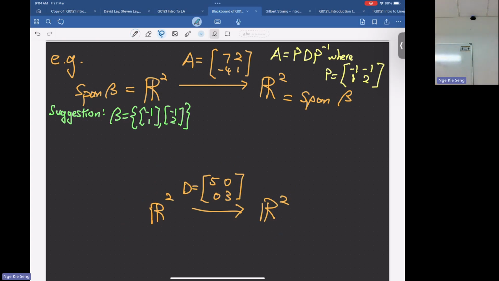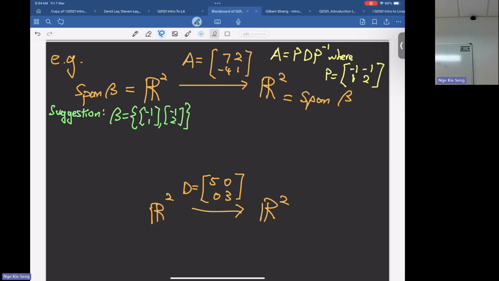First step: are we allowed to do this? Do the columns of P form a basis? Why? They are linearly independent. Why?